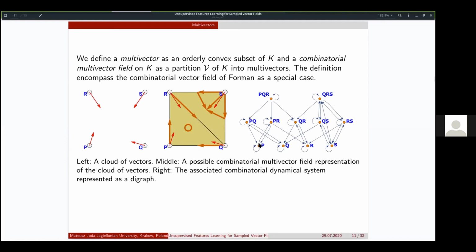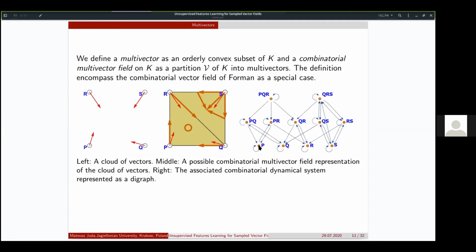Okay, and what can we do with the input data, with our original vectors? So when we take a closer look, we can observe that in the middle picture we assume that from P we are going to the edge PR. So let's put that information also on this partially ordered set.